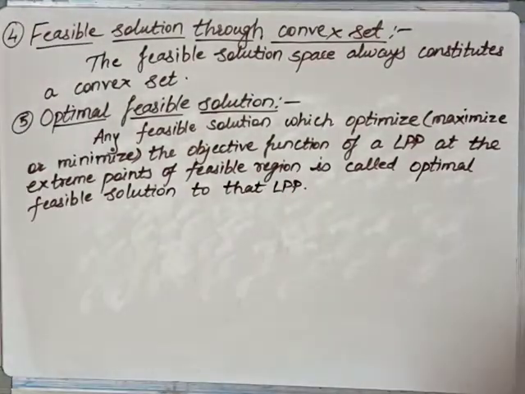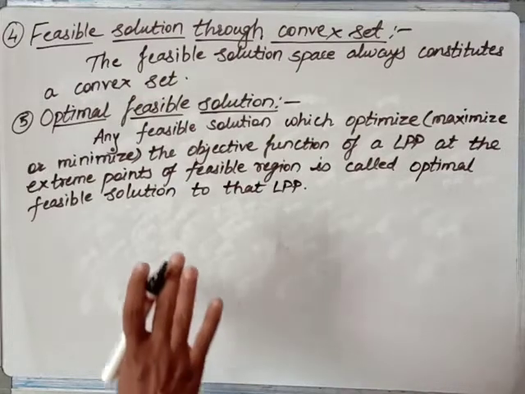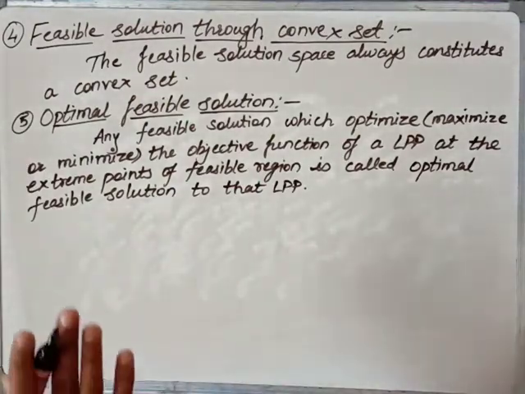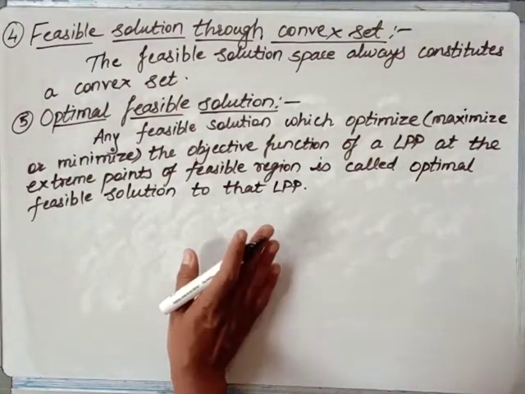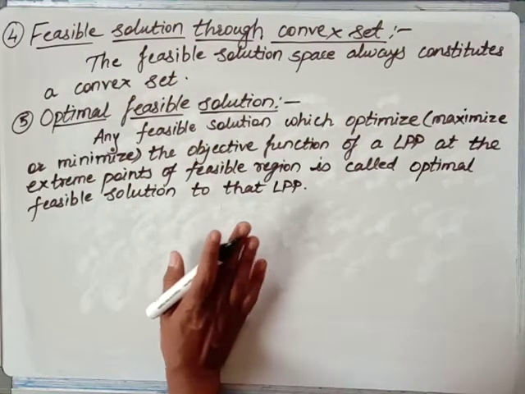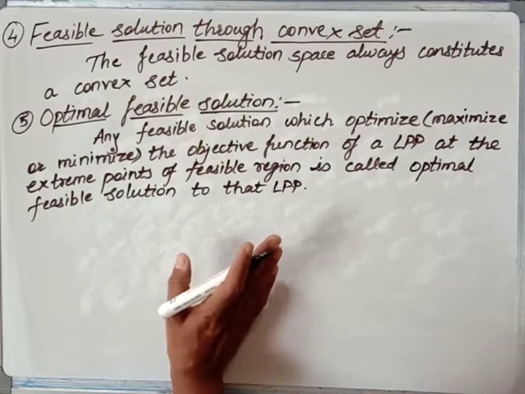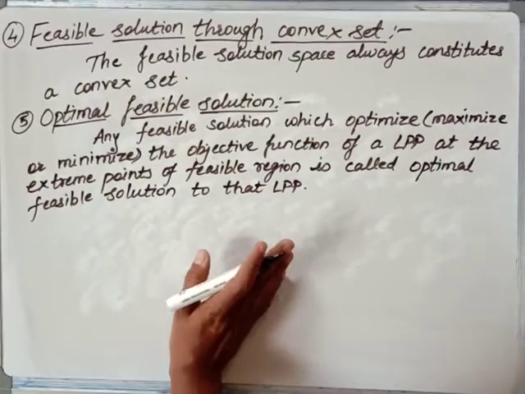This definition guarantees that the LPP has an optimal solution, if any, always occurs at an extreme point of our feasible region or feasible space.